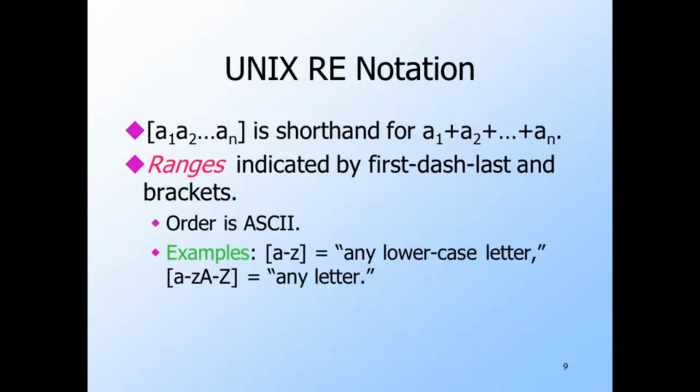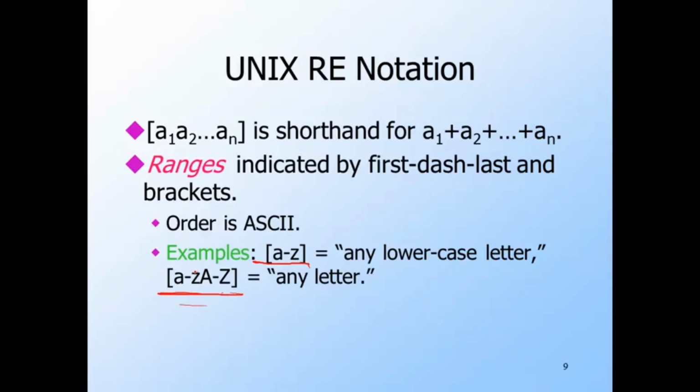For example, a-z stands for any lowercase letter because the lowercase letters have consecutive codes in ASCII. You can represent any letter by putting dashes between lowercase a and z, and the same for uppercase.